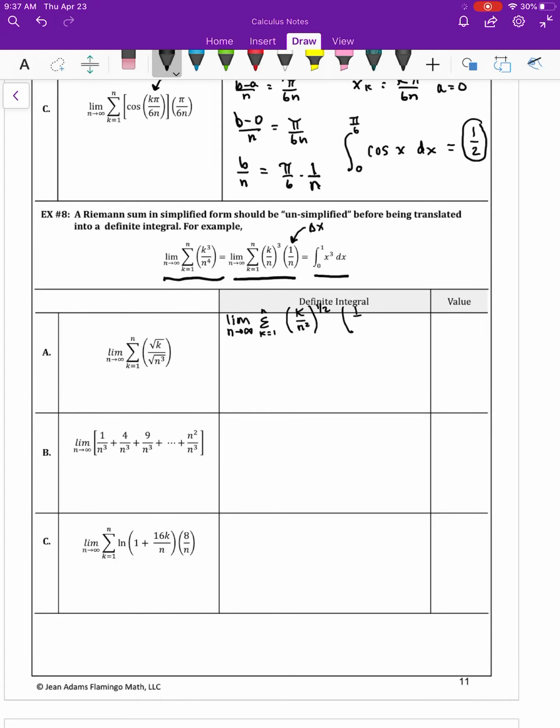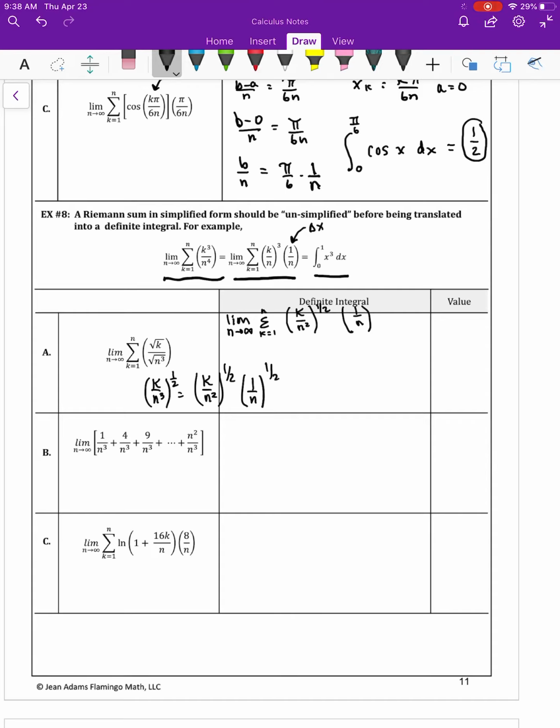And so, you know, if we're trying to figure this out, we're thinking limit as n goes to infinity, summation k equals 1 to n. This is what I'm thinking. K over n squared to the 1/2 times 1 over n.